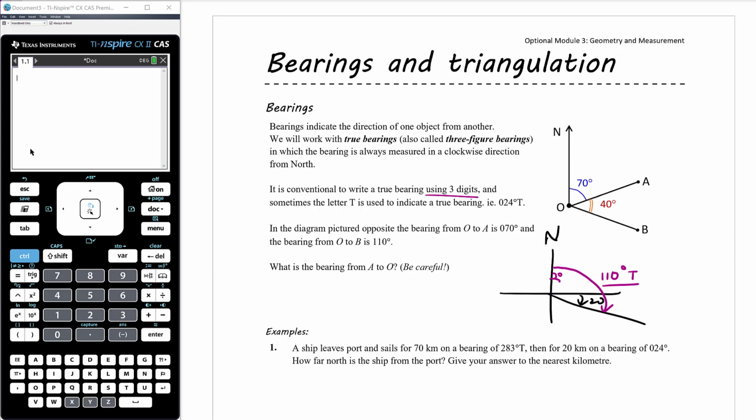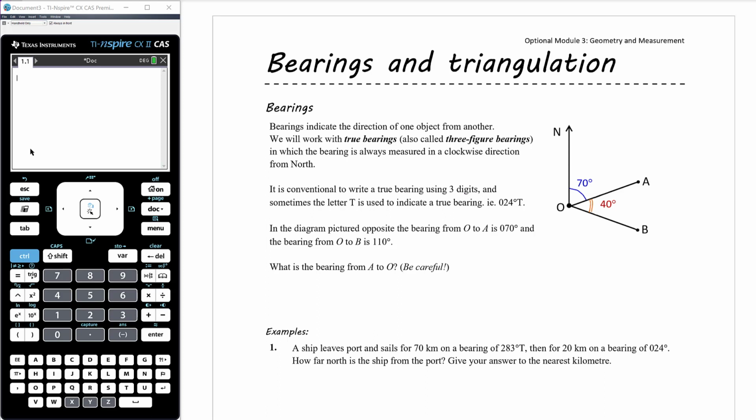I wouldn't be too worried about that. And it's also conventional to sometimes use the letter T after it to indicate that it's a true bearing. Again, that's probably not that conventional these days, or not necessary anyway, but that's what it means if you see it.